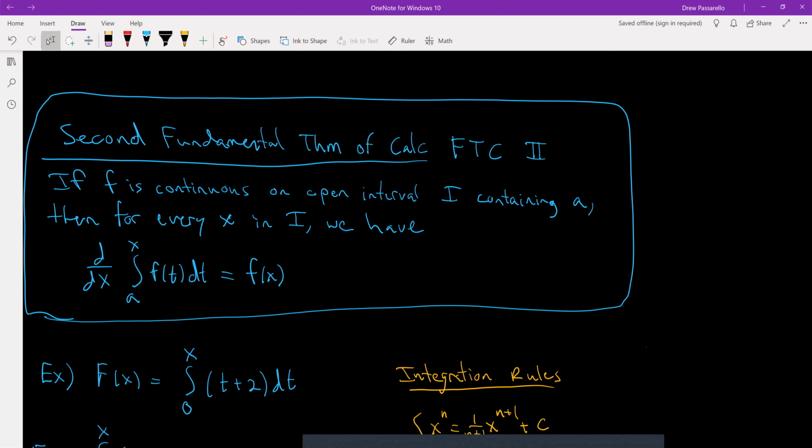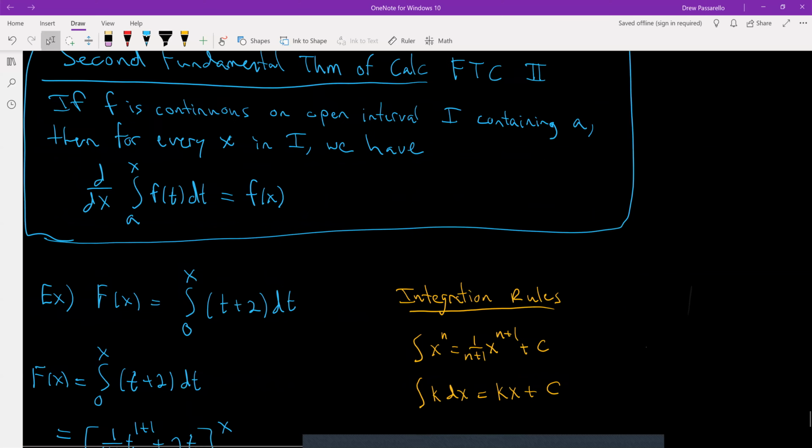And so they use a different letter t in the integral to not confuse it with x. So there'll be kind of two separate variables, but it still ends up being the function f of x. I like to think of it as you take the derivative of an integral, you get back the function that's inside the integral.